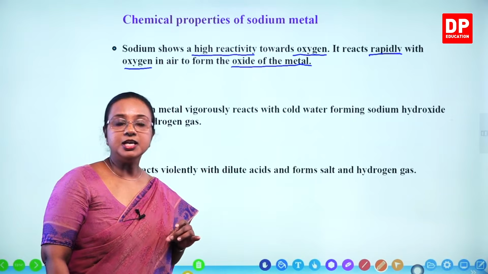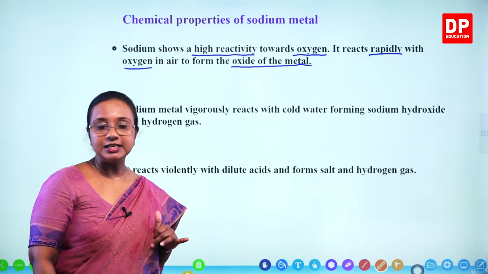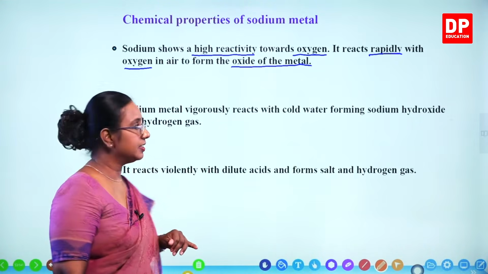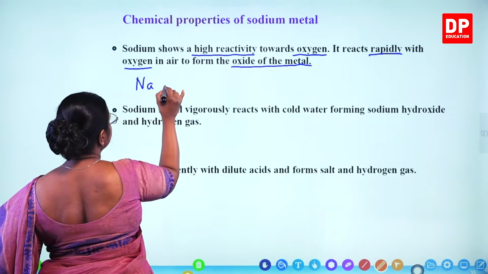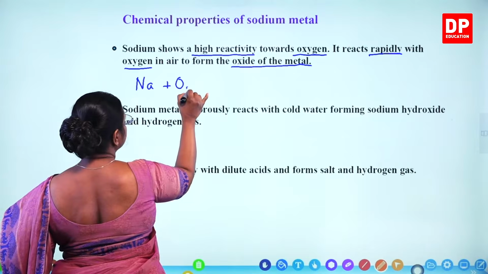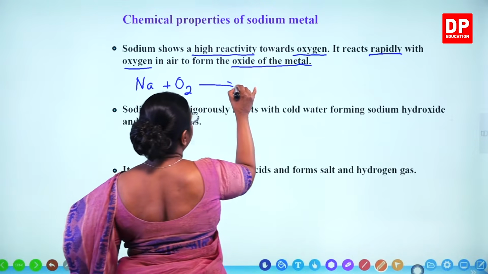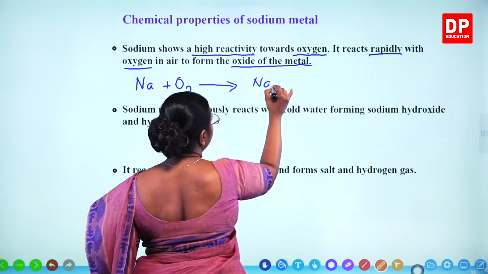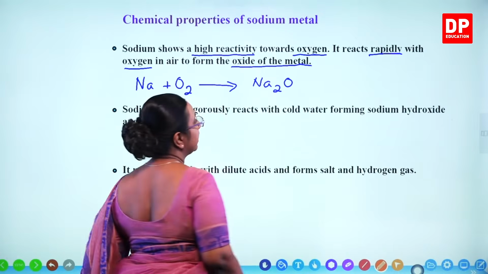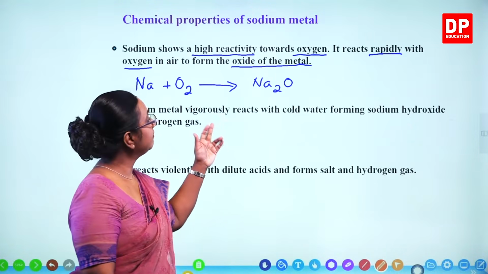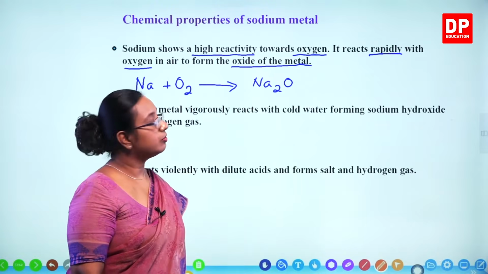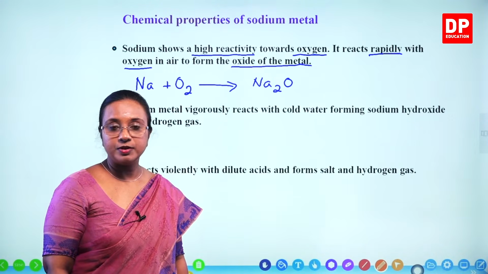I have already shown you all how to write the reaction for this. I will write it again. We have the sodium metal that reacts with oxygen in air and it forms the oxide, that is Na2O. As I said before, we will be learning how to write chemical formula.